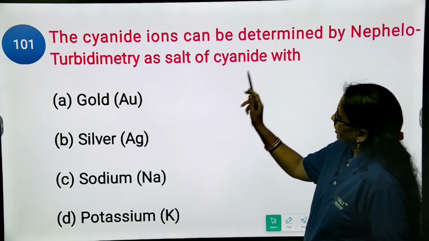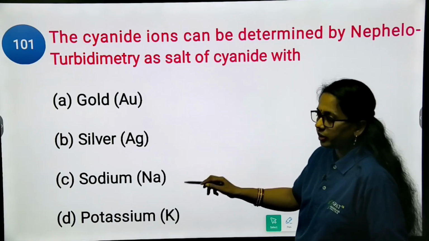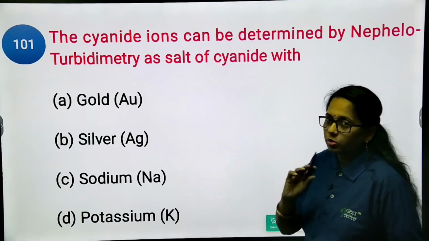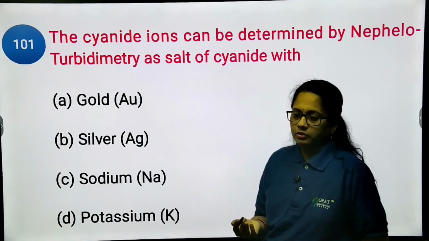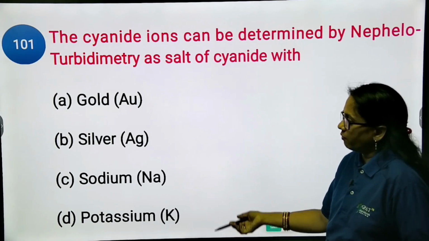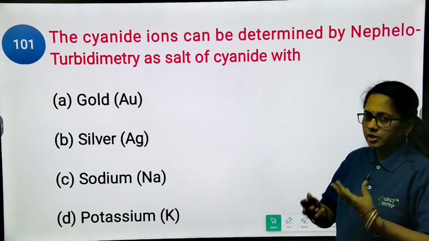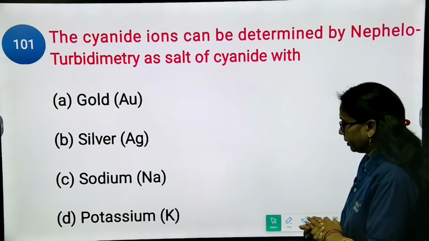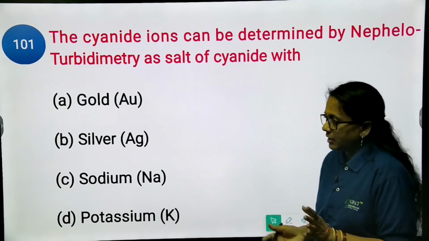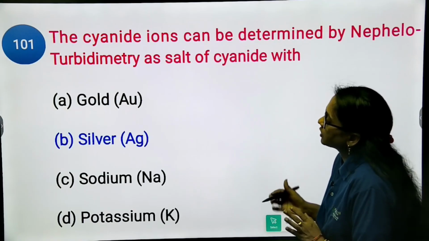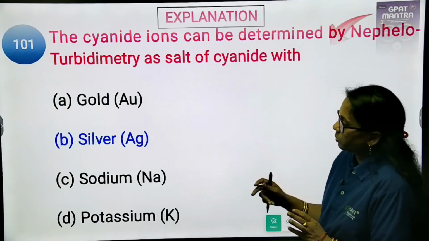Sodium cyanide can be formed, but we cannot consider that as a precipitate, okay. Potassium also in the same way. Gold is a metal, it may form or may not form. Silver is also a metal, but it is going to cause the precipitation, we know that. So that's why option B is going to be the right answer.